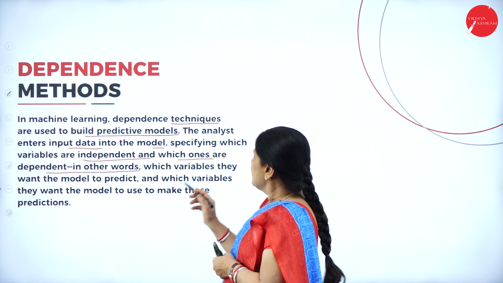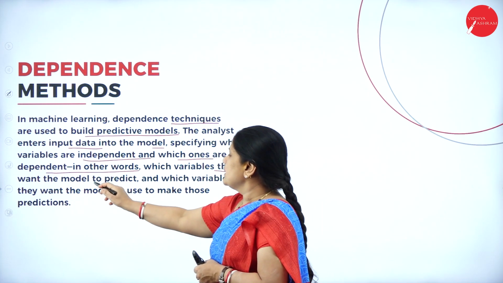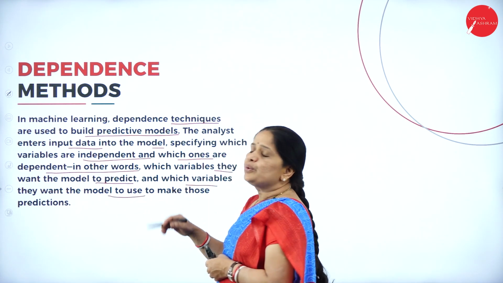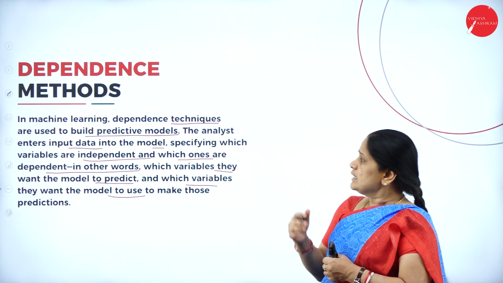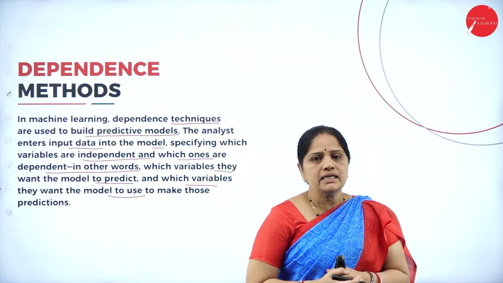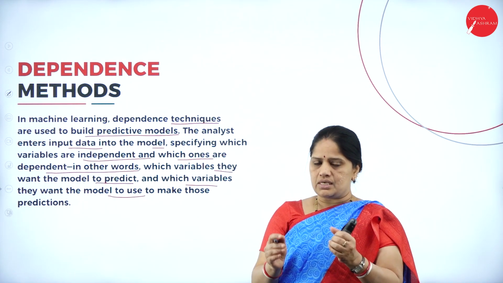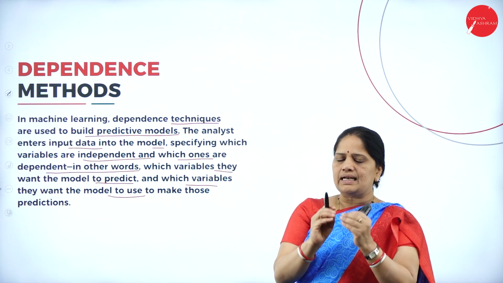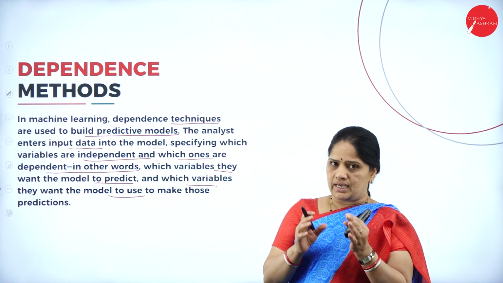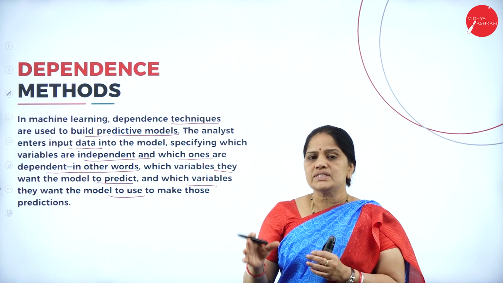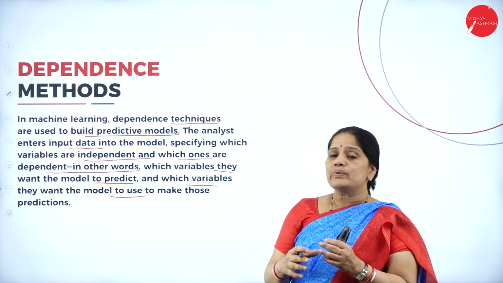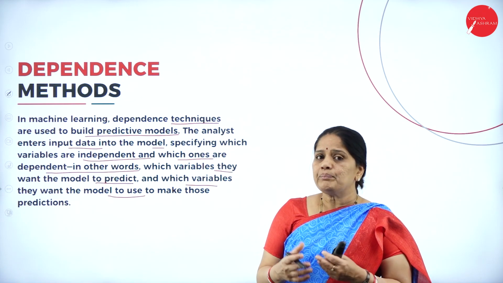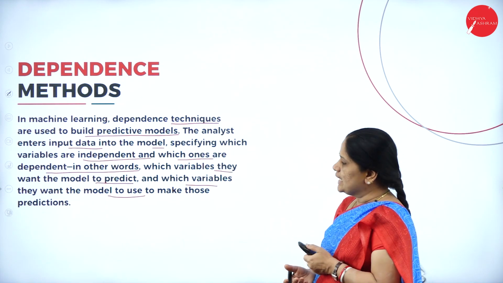In other words, which variables they want the model to predict and which variables they want the model to use to make those predictions. When making the model, the analyst puts in all the variables which are dependent and all the variables which are independent. In this way, the model will be able to make predictions in machine learning.